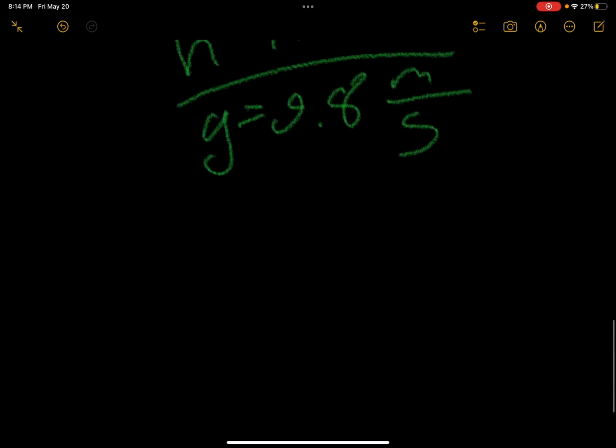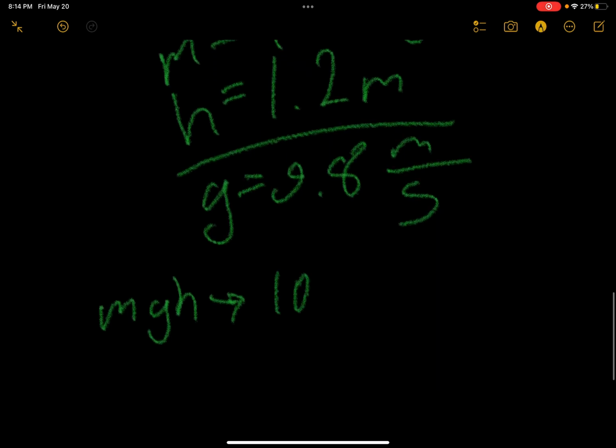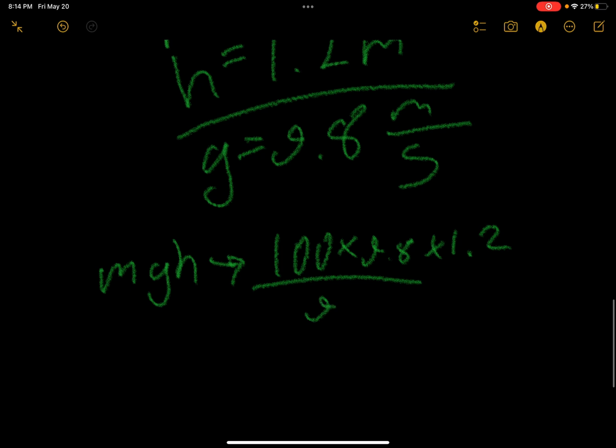So now let's plug these in. Mass is 100 kilograms, so 100 times 9.8 times 1.2. This can just be easily simplified using basic math. 980, right? Just check my math.